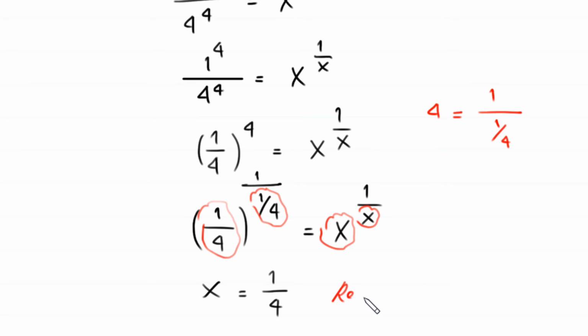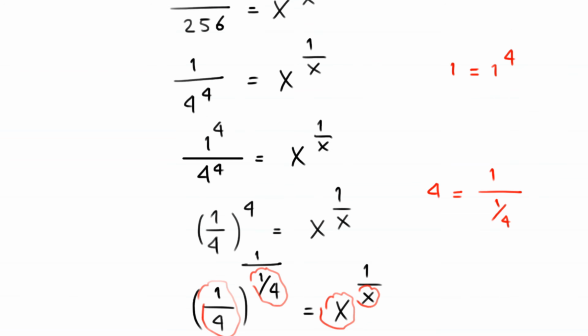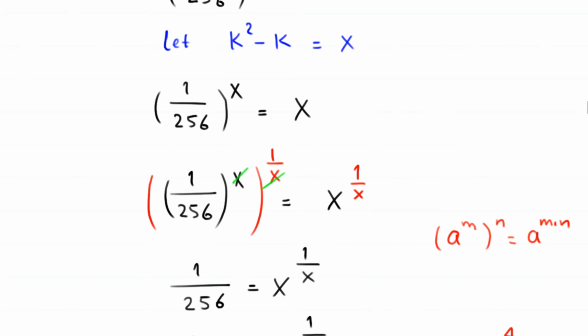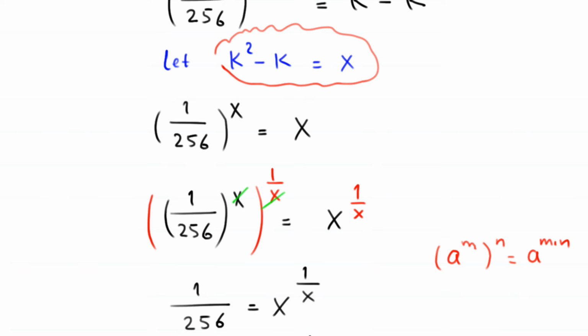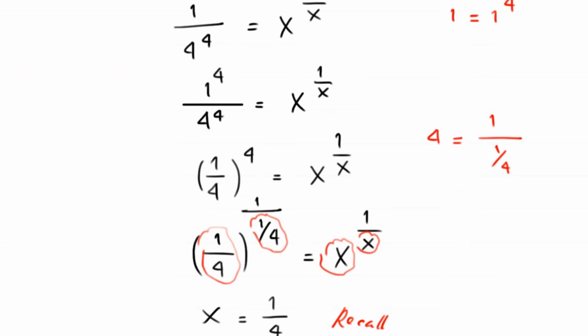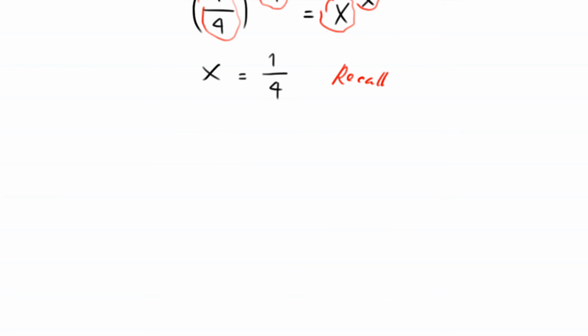So recall that we have supposed that k squared minus k is equal to x. So x is 1 over 4. This will become k squared minus k is equal to 1 over 4.